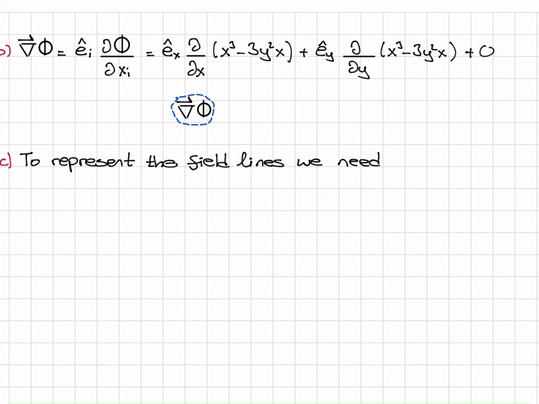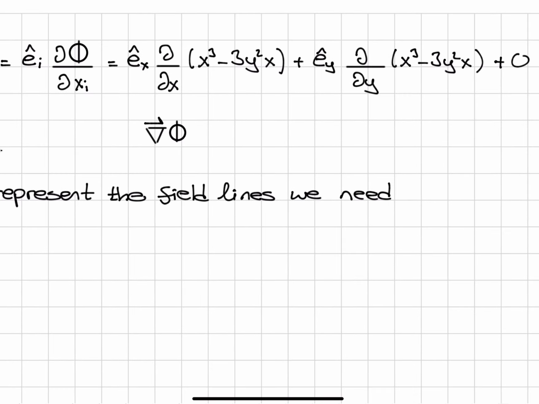There is the gradient of phi as, now if I take the x derivative here, this will give me 3x squared minus 3y squared. So it's going to be 3x squared minus 3y squared e_x hat.